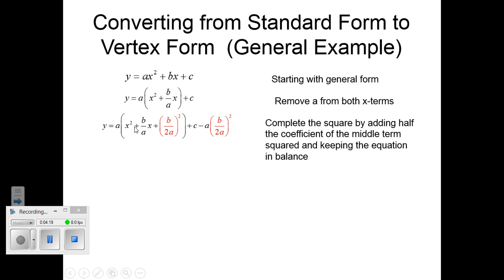So here it is in red, the b over 2a squared. But let's remember, when that b over 2a is squared, it's offsetting the balance not by that much, b over 2a squared, but by that much times a. So we have to offset that by subtracting it right away from the c term over here.